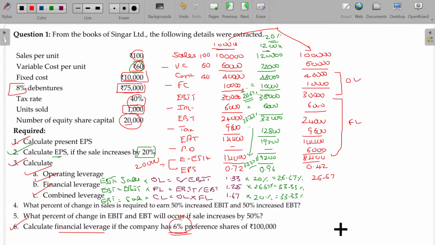EBAT as well as earnings available to the equity shareholders. But provided you have to remove the tax impact, so the formula is slightly different here. What is the formula for financial leverage? EBIT divided by EBT. Not only that, you have to subtract the preference dividend also.